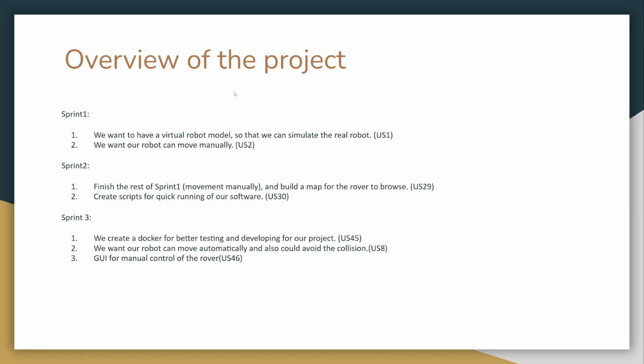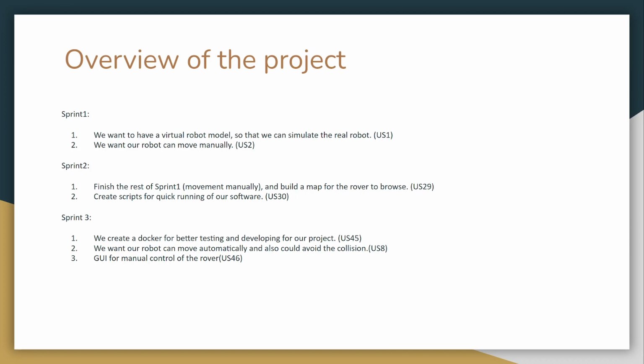At the very beginning of this semester, we had a brainstorm meeting, and we designed the robot in this meeting. In sprint one, our main goal was using some simulation tools to simulate the robot and try to move the robot manually.